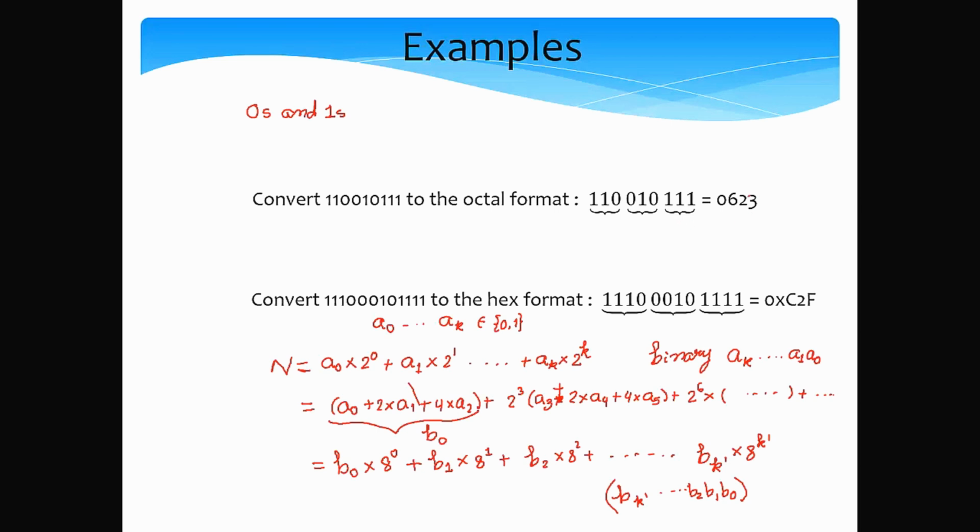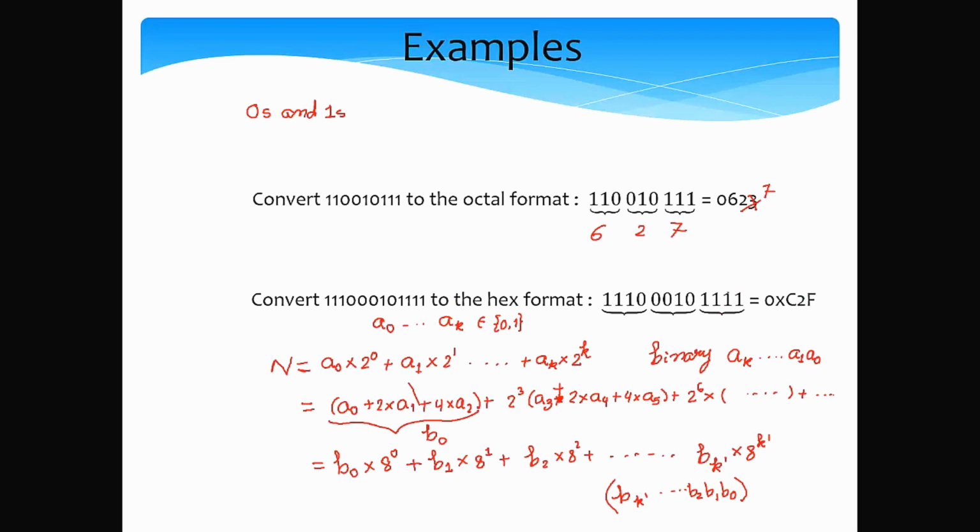So this number, I'm sorry, there's a mistake over here, it should be 7. So this number is a 7, this is a 2, and this is a 6. So this is 0, 6, 2, 7. Similarly, we can take this number over here, and if you want to convert it to base 16, that is also very easy. We group 4 binary digits.